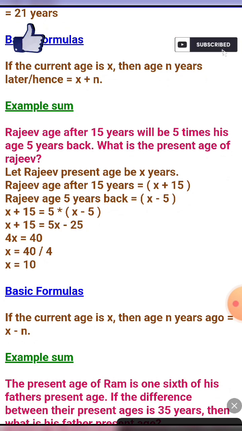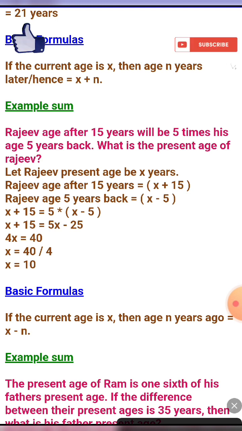Rajiv's age after 15 years will be 5 times his age 5 years back. Let's understand again. Rajiv's age after 15 years, whatever his age is, x plus 15, will be 5 times his age 5 years back, means x minus 5.